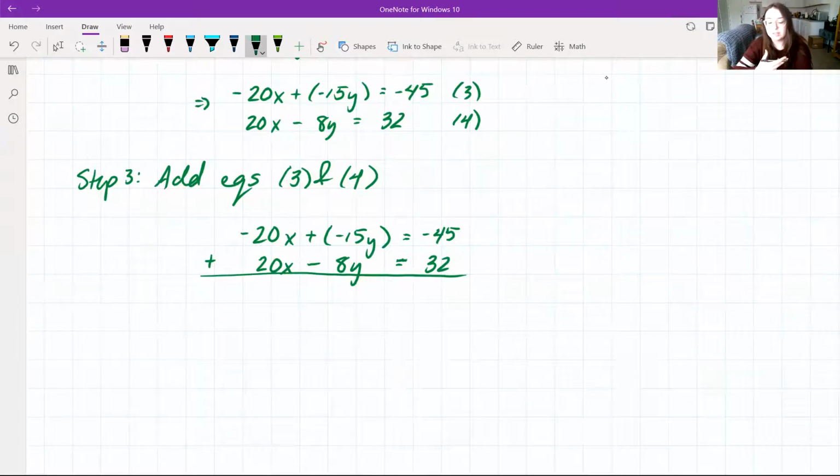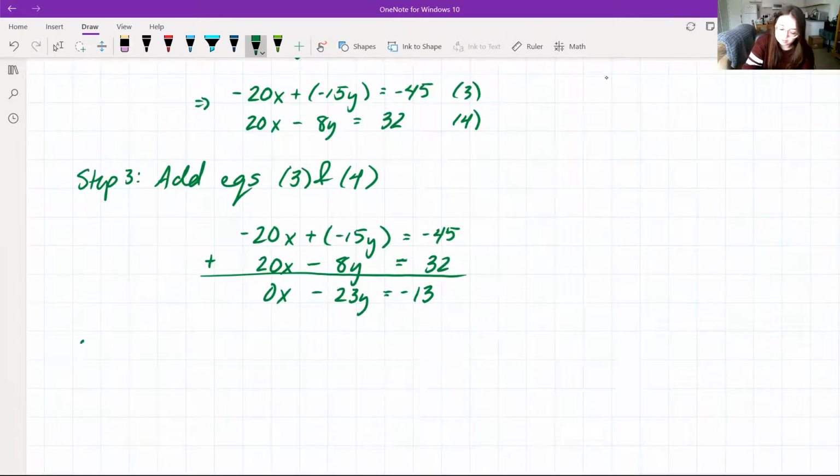So negative 20x plus 20x is going to give us 0x. Negative 15y minus 8y is going to give us negative 23y. And negative 45 plus 32 is going to give us negative 13.